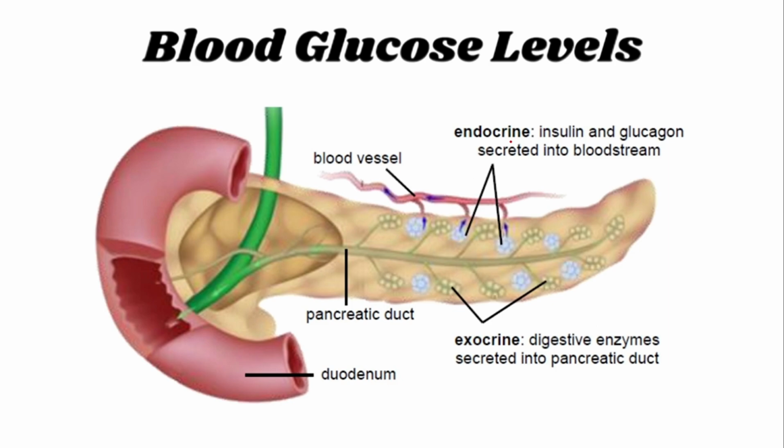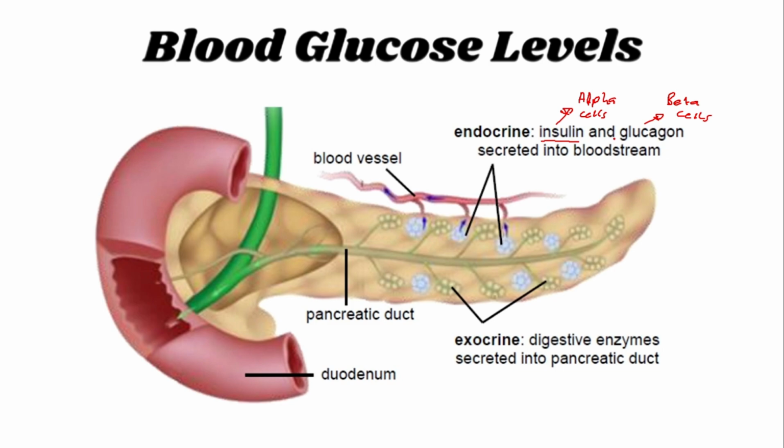Okay, and endocrine is insulin and glucagon. Those are the two hormones that it will secrete. Okay, and insulin is secreted by our alpha cells, and glucagon is secreted by our beta cells. So that's basically the two types of hormones that the pancreas secretes, okay?